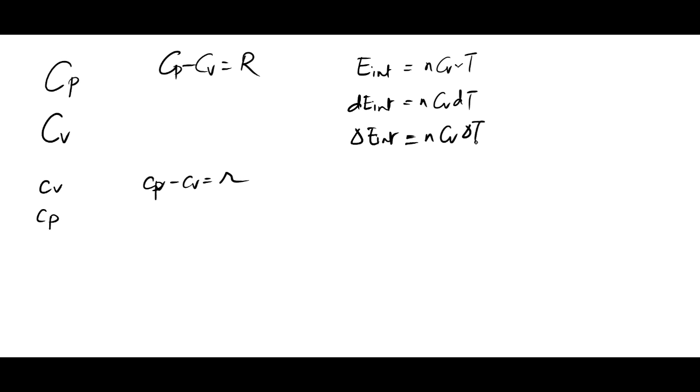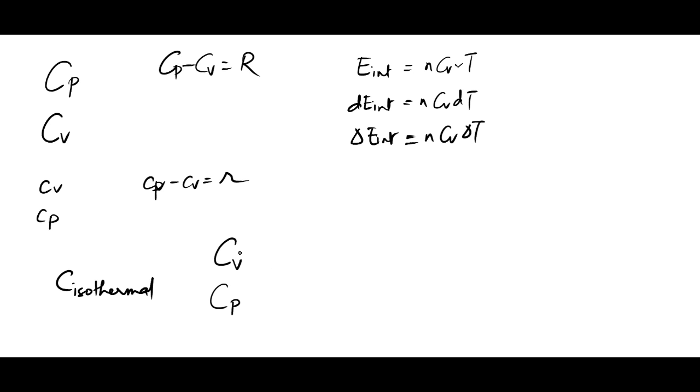Now just as an interesting point, if I ask you what is C isothermal, they may ask you such a question in the JEE Main. It's a common sense question. So you know that you have C at constant volume, you have C at constant pressure.